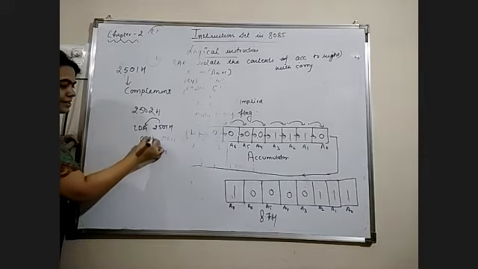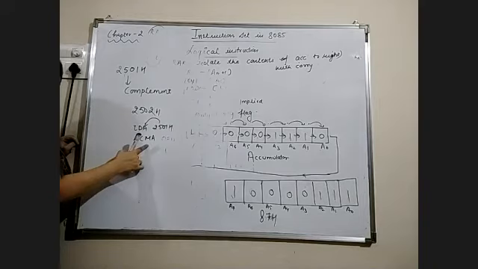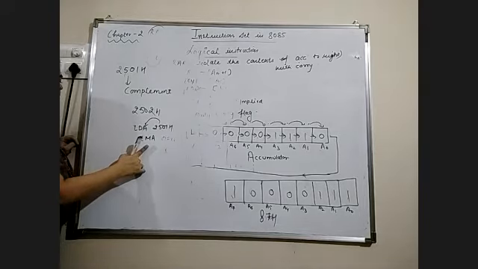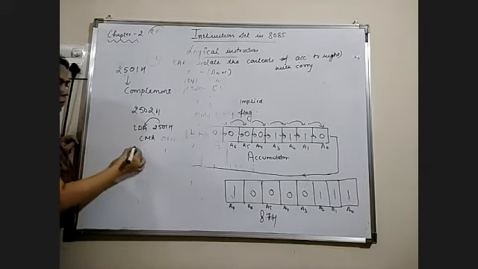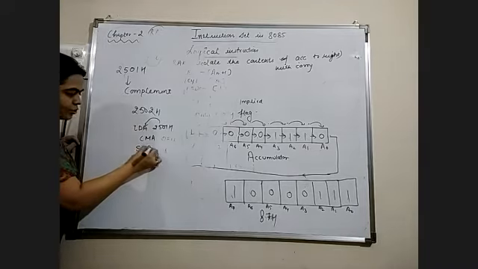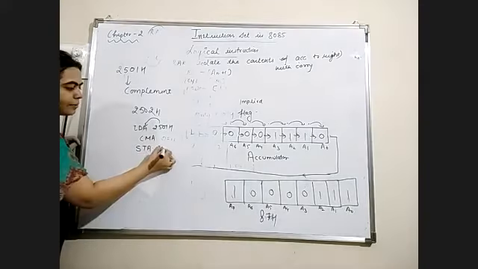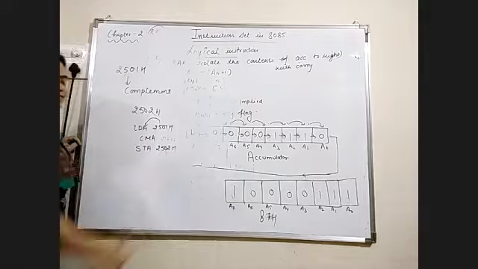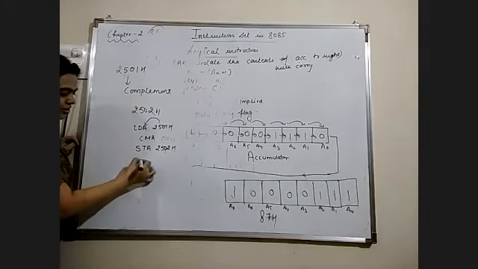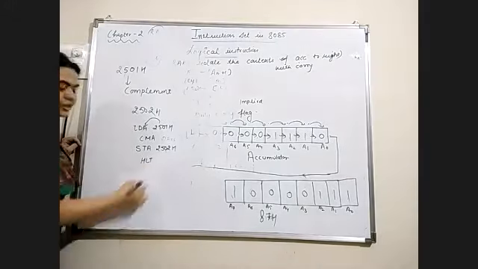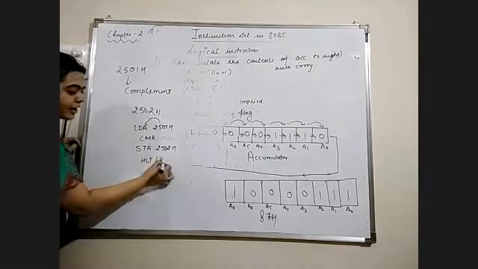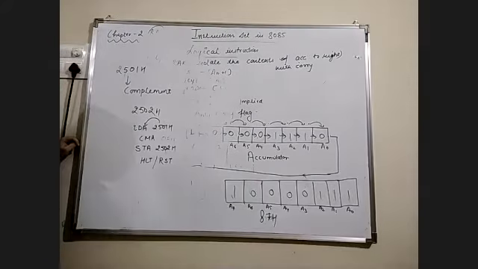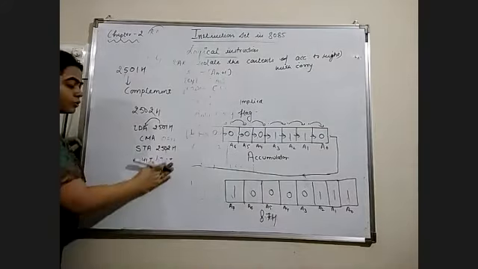Now we can write CMA. This instruction will complement the contents of the accumulator. Then after complementing, we can store the contents of the accumulator at memory location 2502H. After this, we can close the program either by writing HLT, or we can write RST0. We can write anything to close the program.